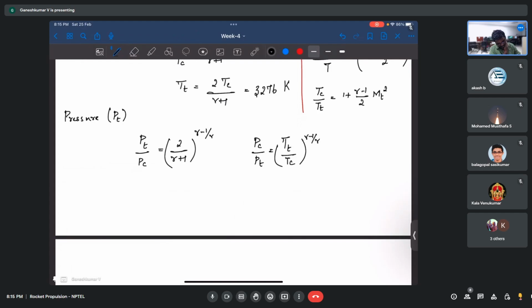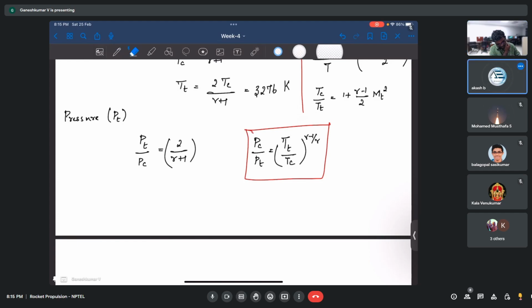Actually the power should be gamma by gamma minus 1, so here or here. Is this correct? So Pt by Pc is equal to, yes, that's correct, sir.